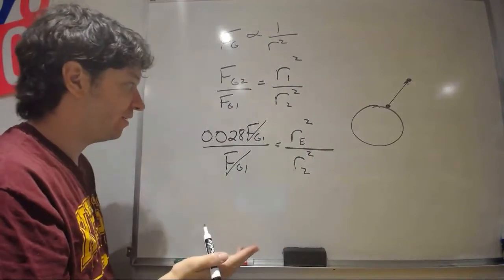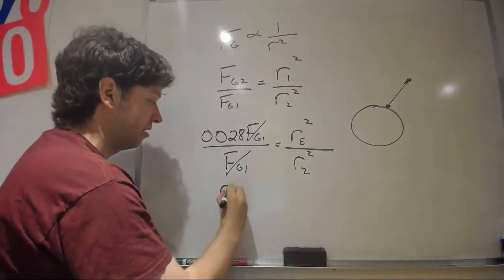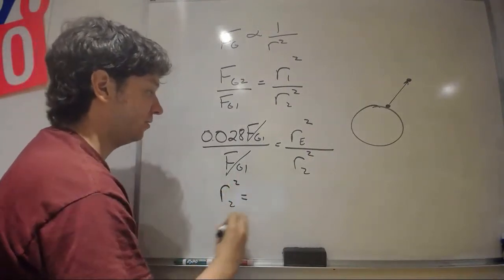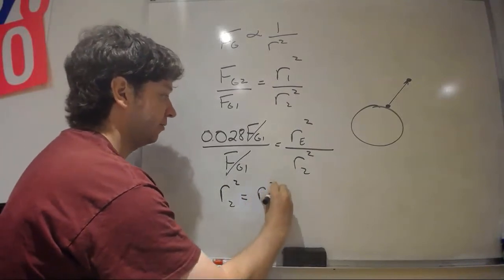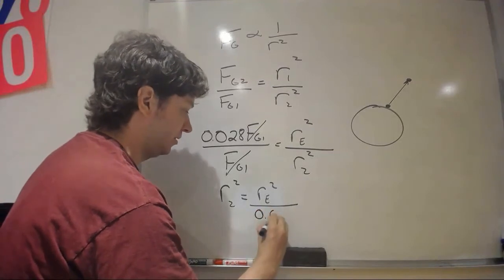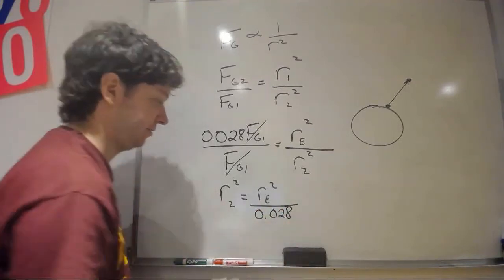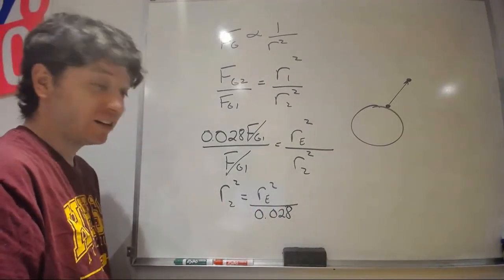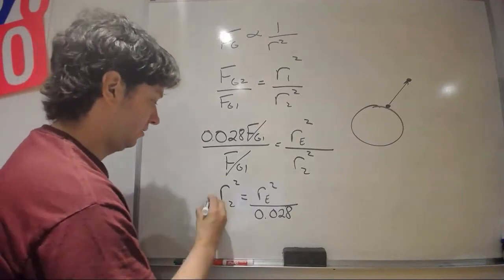That's what I'm trying to solve. But now I can rearrange and solve this. I can say R2 squared equals RE squared over 0.028. And then I could take the square root of both sides.